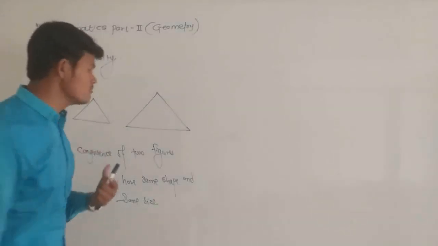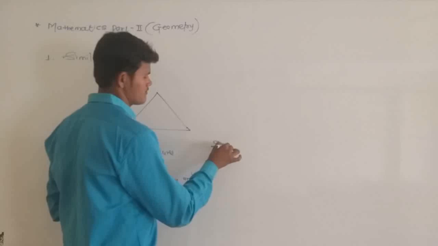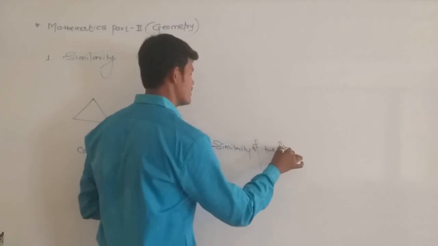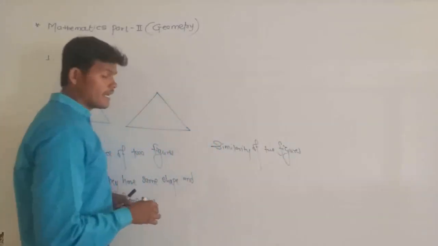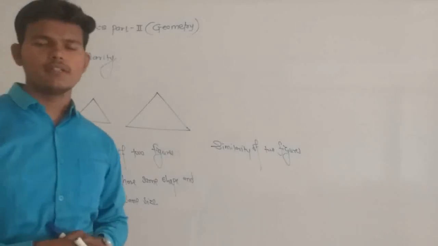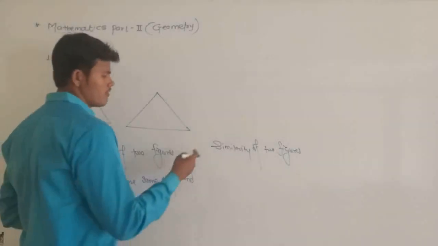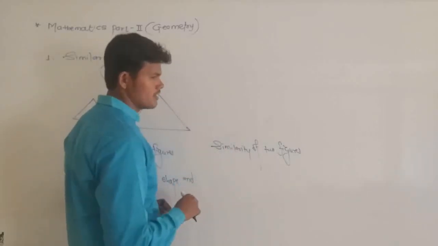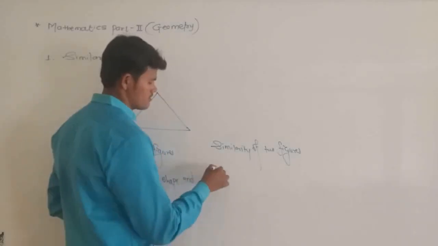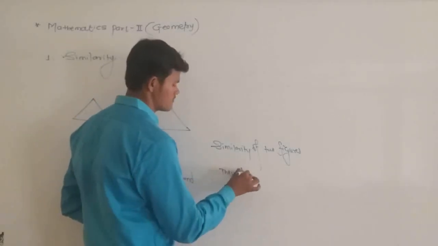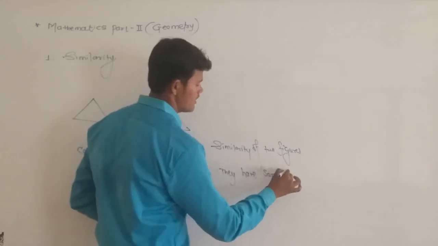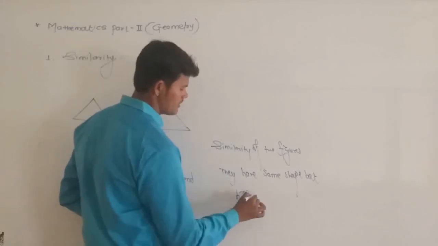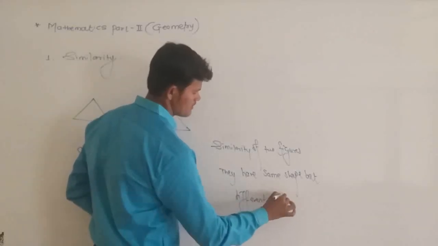And when two figures are similar, they have same shape but different in size. For similarity of figures, we need only the same shape of both the figures but different in size. That means they have same shape but different in size.